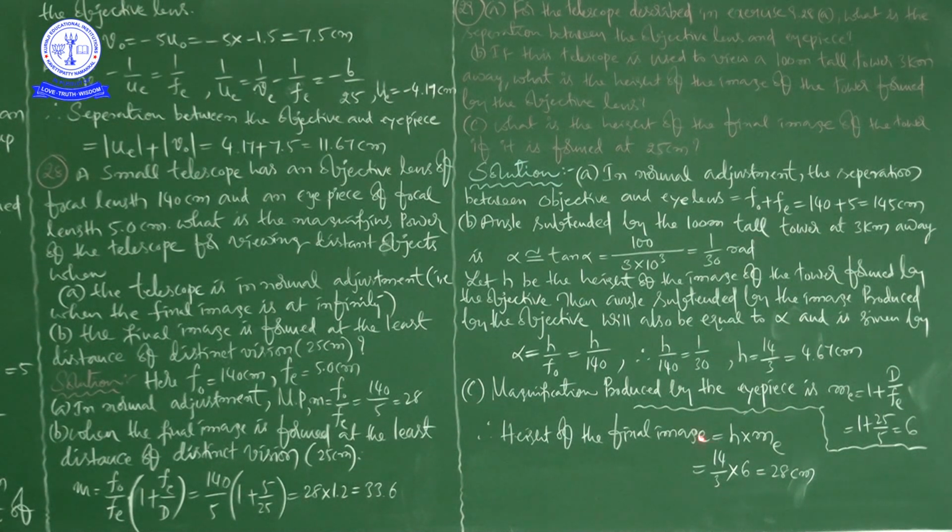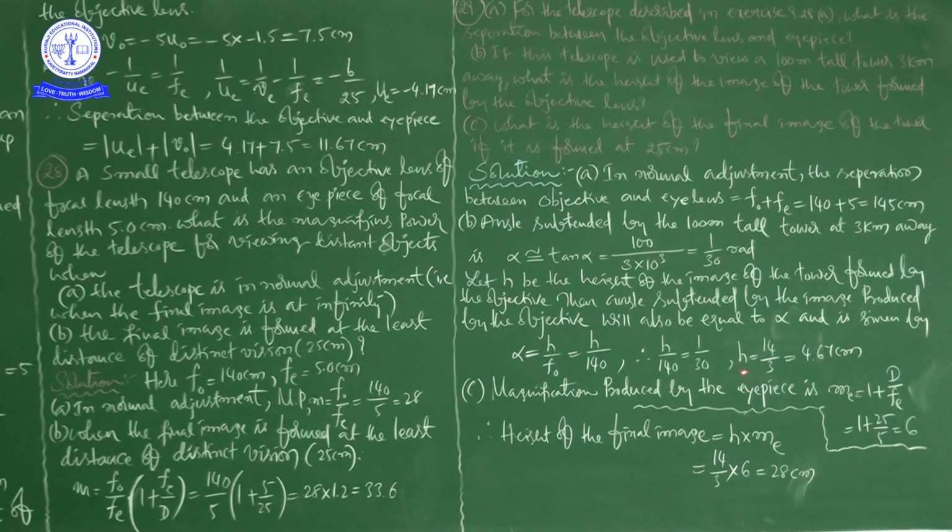And height of the final image is equal to H into M_E. M_E is 6, but H is 14 by 3, right? So 14 by 3 into 6 will give us 28 centimeters, the height of the image.